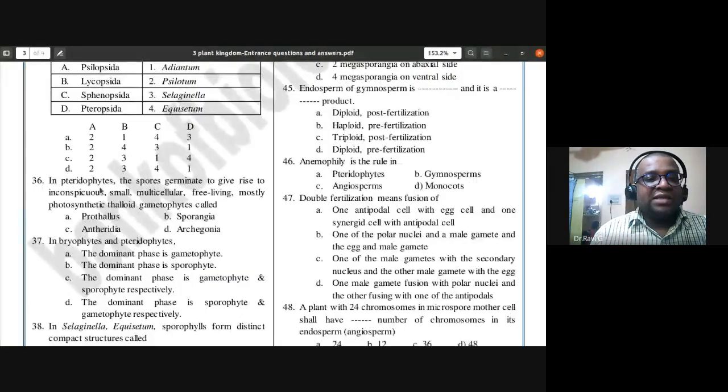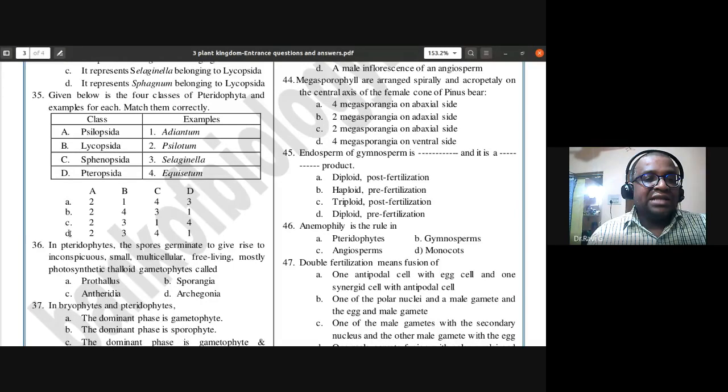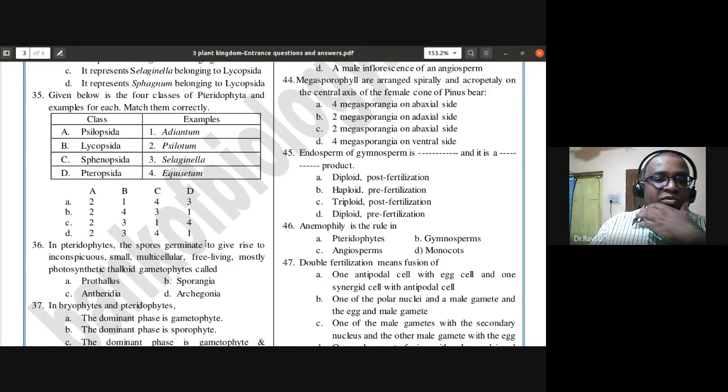So D is the answer. 2341 is the answer. Psilopsida, it is Psilotum. Lycopsida, it is Selaginella. Sphenopsida, it is Equisetum. Pteropsida, it is Adiantum. That is how you get D as the answer, 2341.